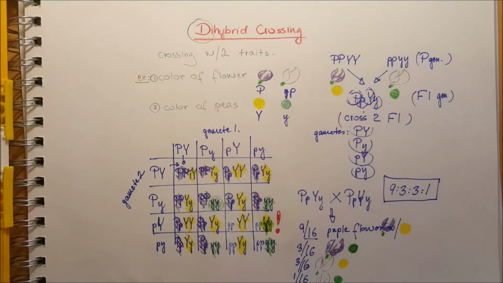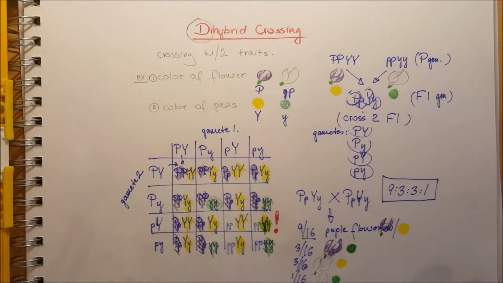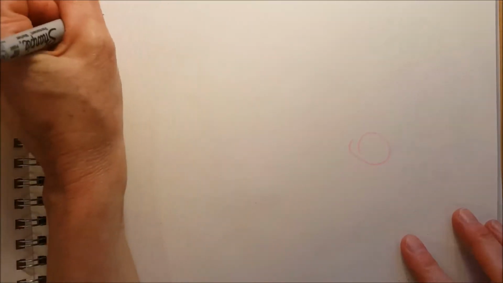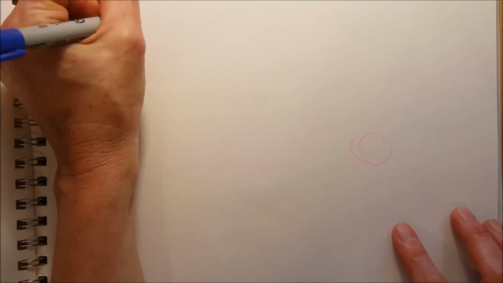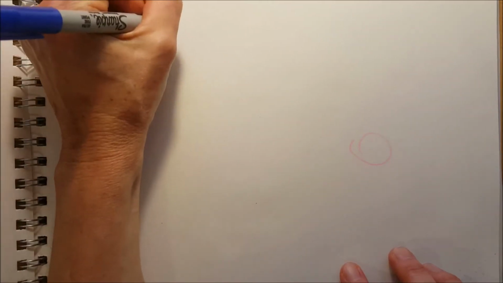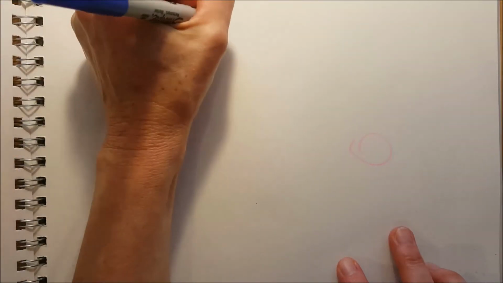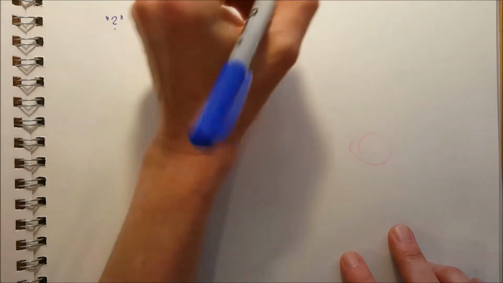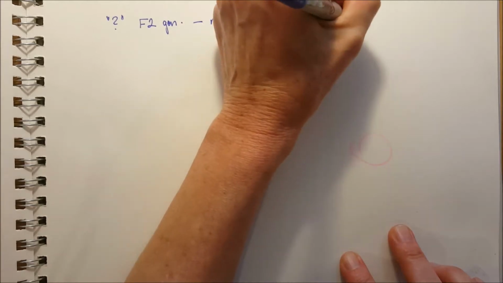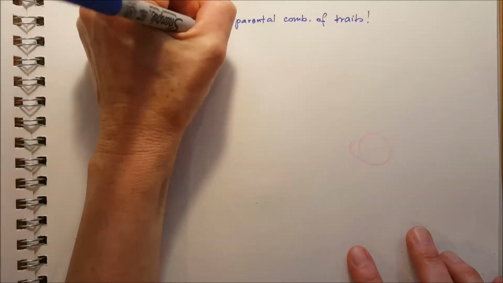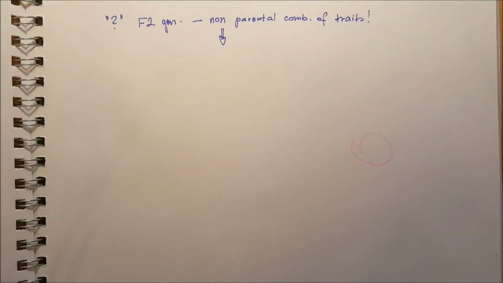This is the overall ratio when dihybrid crossing, when the heterozygous offspring cross. Now, the question that Mendel had to answer: at the F2 generation, non-parental combinations of the traits appeared. Why is that?